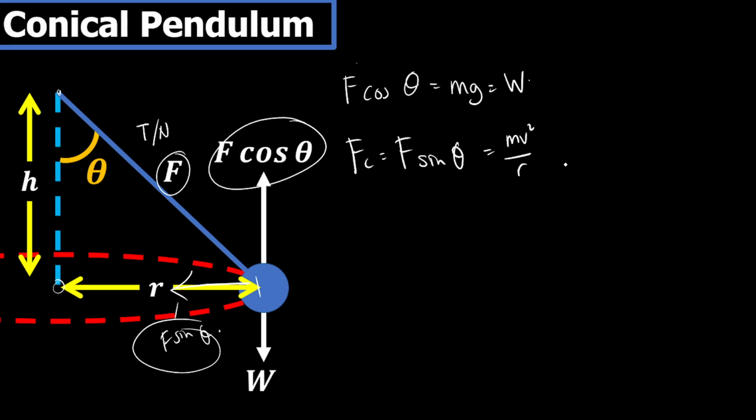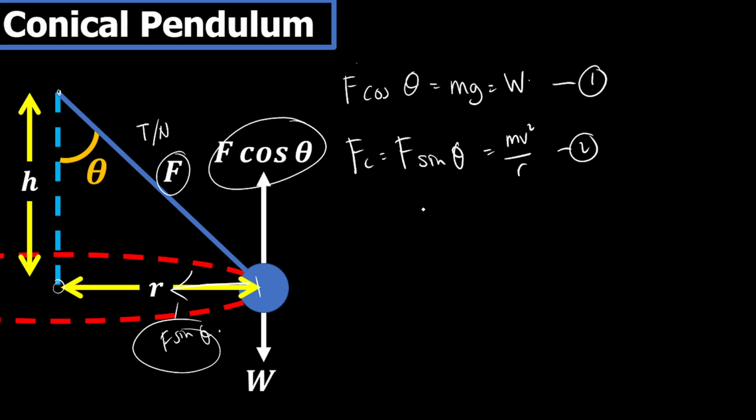Okay, of course you can calculate F if you want to. There are many ways to do it, and one of them, probably the simplest, is just to take this, divide it by this, and then you cancel out F, you get tangent, and so on and so forth. Or you can use trigonometric identities.